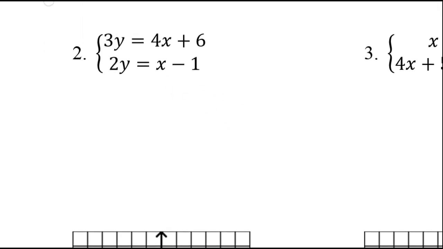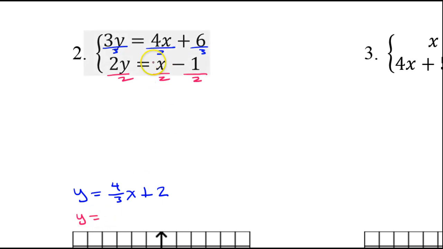So this time, neither one of these equations quite has y by itself. But if I were to take this first equation and divide everything by 3, then that will give me y equals 4 over 3x plus 2. Now if I were to take this second equation and divide everything by 2, then that would give me y is equal to, now this x over 2 is the same thing as 1/2 x.